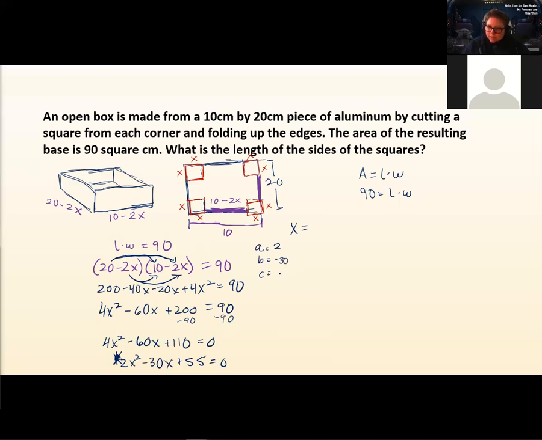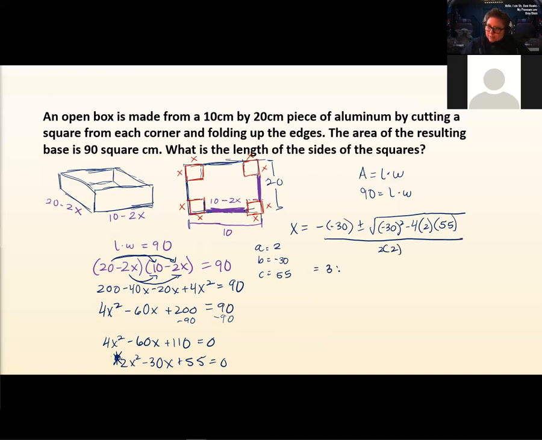Yep. And our c is 55. So we got negative 30 plus or minus square root of negative 30 squared minus 4 times a, which is 2, times c, which is 55. I'm going to bring that square root all the way up. All over 2 times 2.